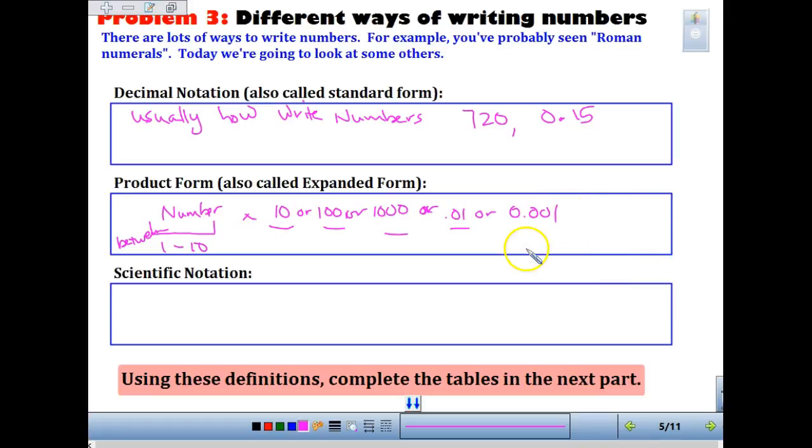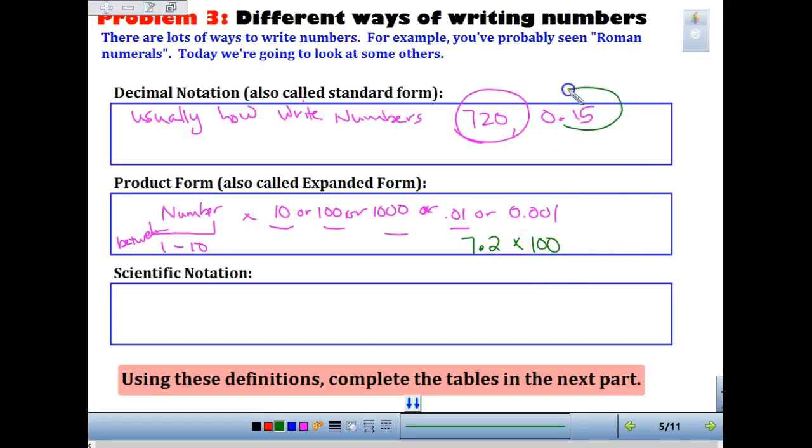So 720, okay? If we're taking this number, what does it look like in product form? In product form, it would be 7.2 times 100. Does that make sense, everyone? 720, 7.2 times 100. I moved the decimal over 2 places, so I put 2 zeros back here.